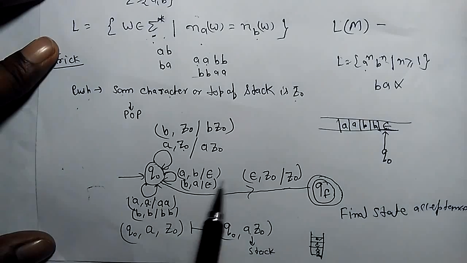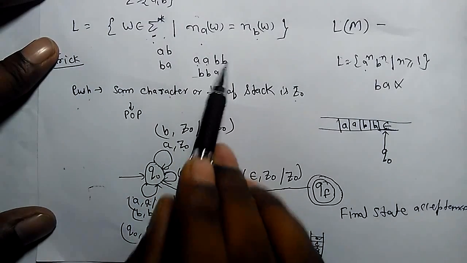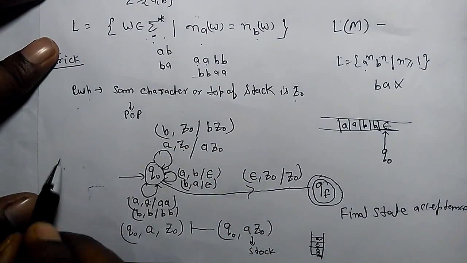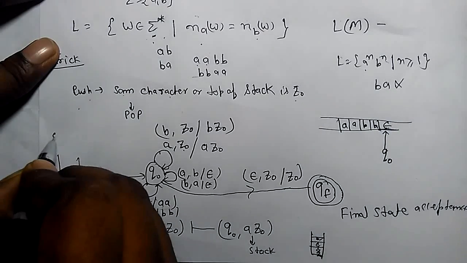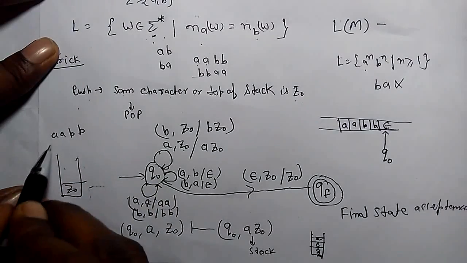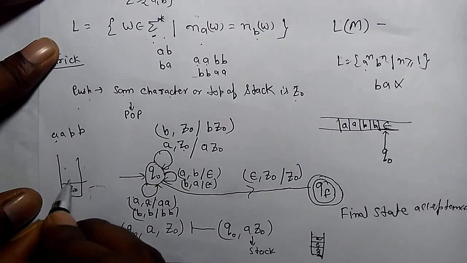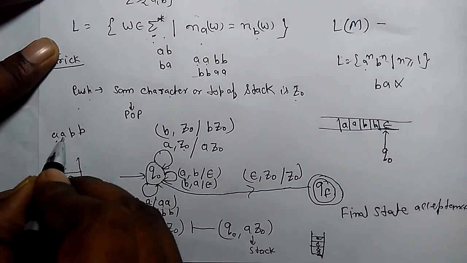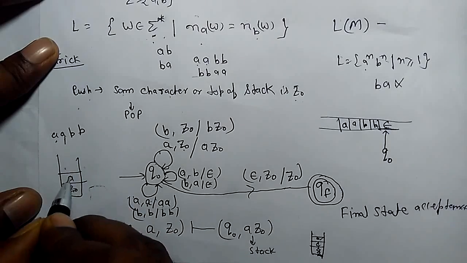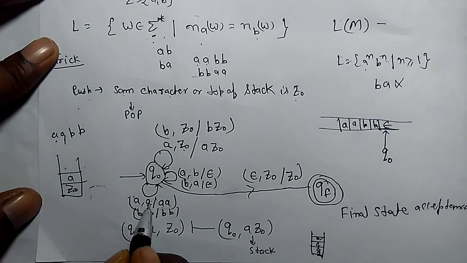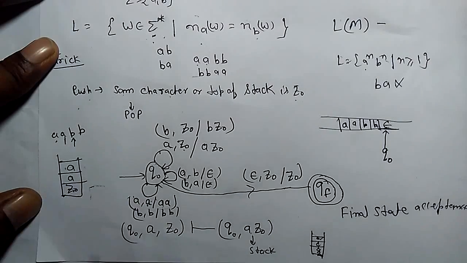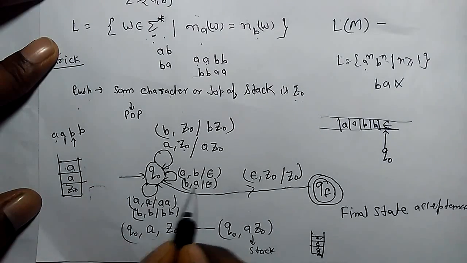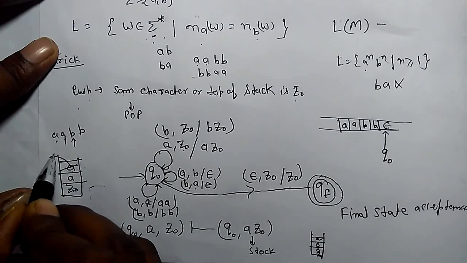You may verify this with AABB. You read A and the top of the stack is Z0, you perform push operation. Again you read A, the top of the stack is A, so you perform push operation. Now you are reading B and the top of the stack is A, so you perform pop operation.